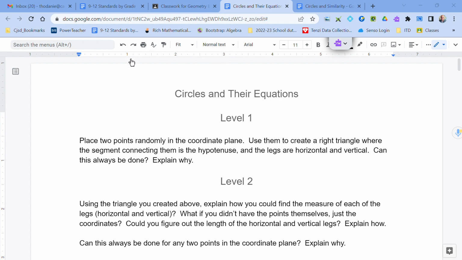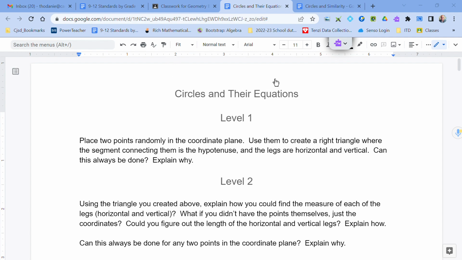So it isn't always going to be a right triangle, but the few times when they're not is when they are aligned horizontally or vertically, in which case we can measure length using the x and the y axis to help us measure, right? But any other points, you can make a right triangle. And what that means, this distance from A to B can be measured using the legs, right?